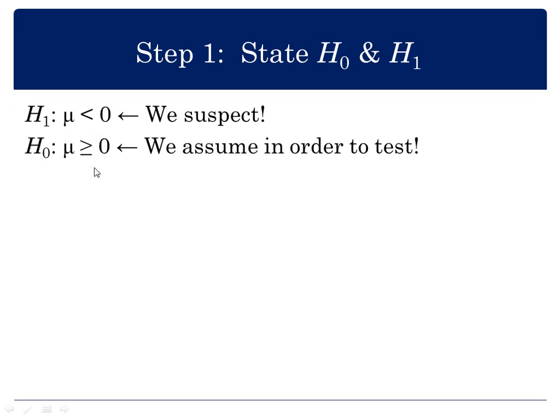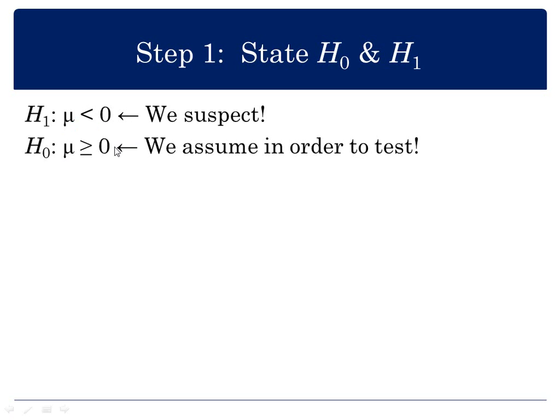So what this is saying in English is that if I take the population of TBI sufferers, I'm going to get an average cognitive status score less than 0, which would show that they have cognitive impairment.